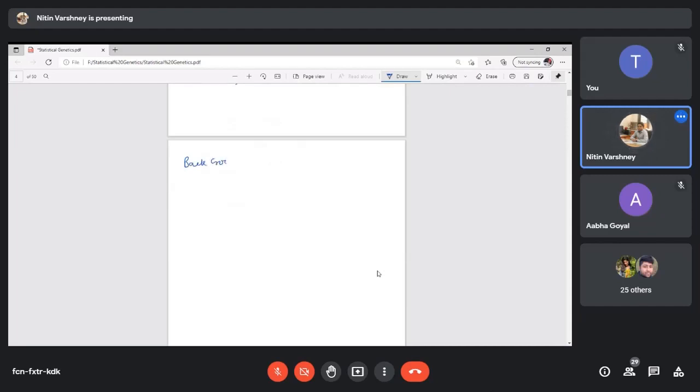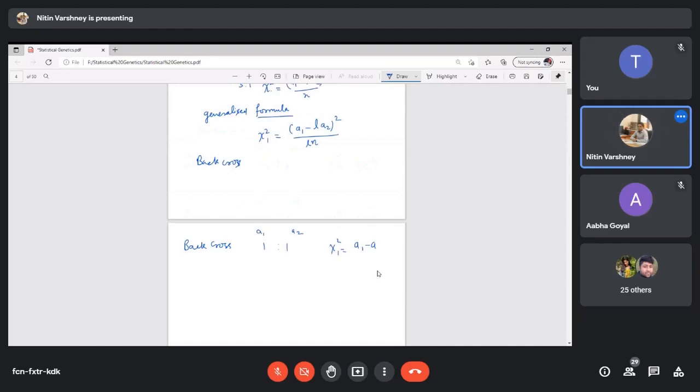Back cross: this is our observed, and this ratio is 1 is to 1. Then the chi-square with 1 degree of freedom will be A1 minus A2. So I am writing the ratio as L is to 1. So L is equal to 1 in back cross. So A1 minus A2 square upon N will be the chi-square 1.